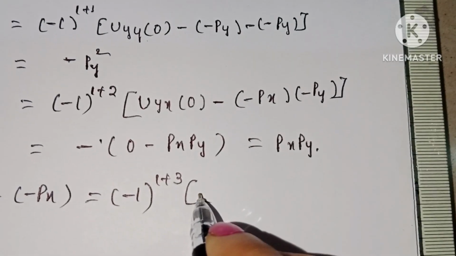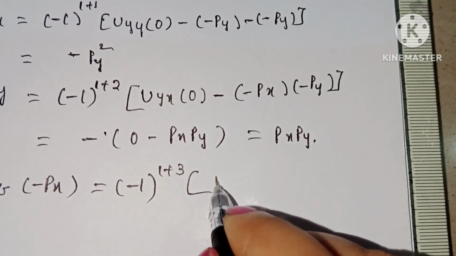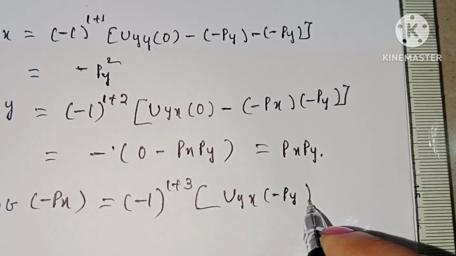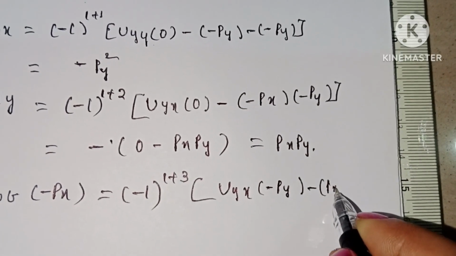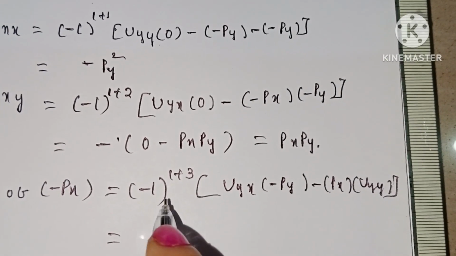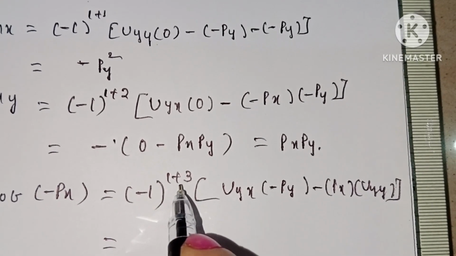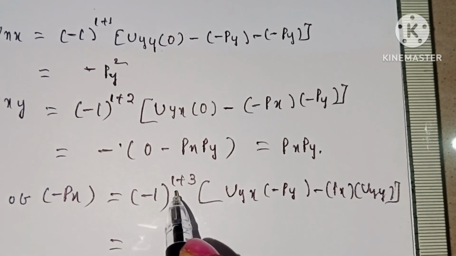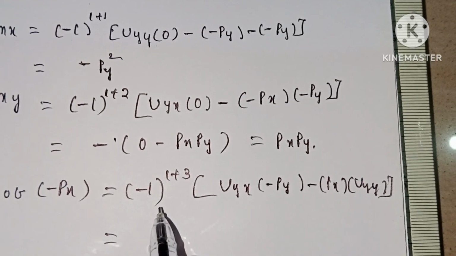So this equals uyx into minus py minus px uyy. Here 1 plus 3 equals 4, so minus 1 to the power 4 becomes positive.